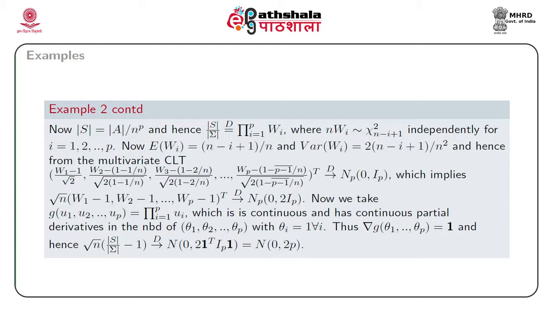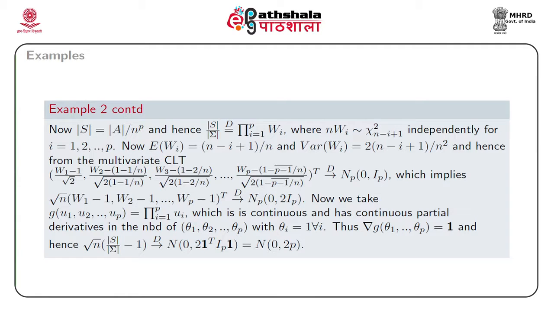This implies that the vector with elements square root of n (W1 minus 1), square root of n (W2 minus 1), up to square root of n (Wp minus 1) has a p-variate normal distribution with mean vector 0 and dispersion matrix 2 times Ip, that is, 2 times the identity matrix of order p.